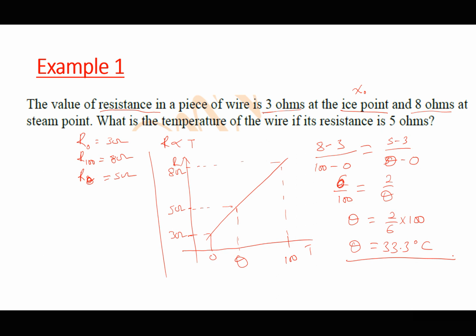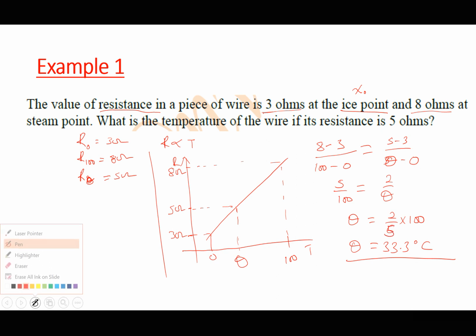Without even cramming the formula, I could just think of it. Oh, by the way, this is 5, not 6. Sorry, this is 8 minus 3, which is 5. Okay, so this is going to be 5, not 6.